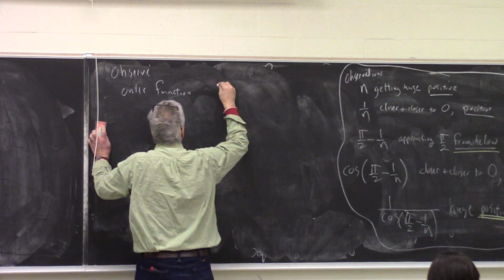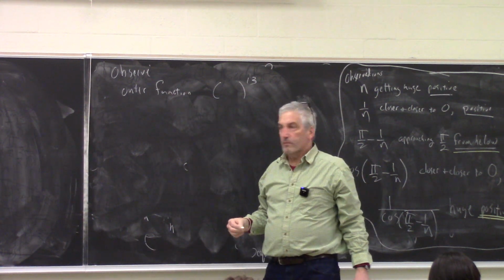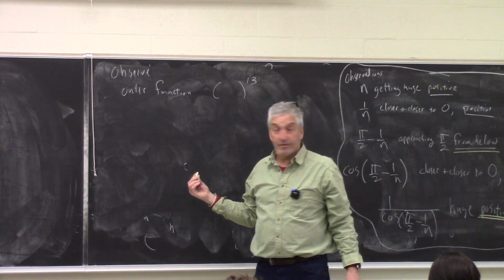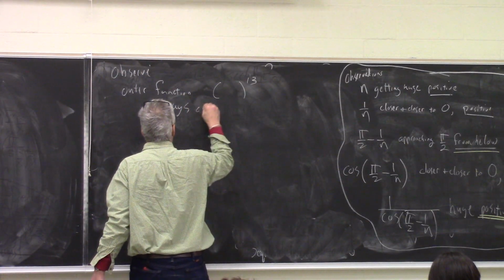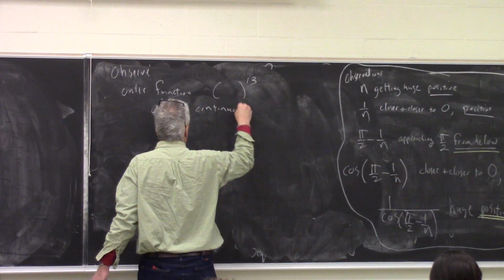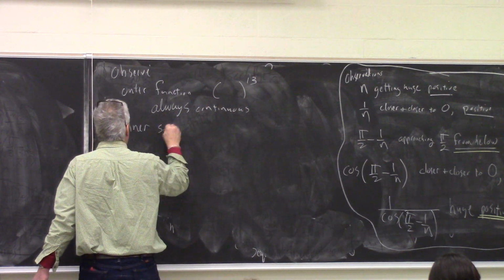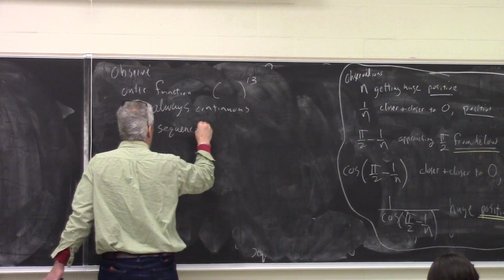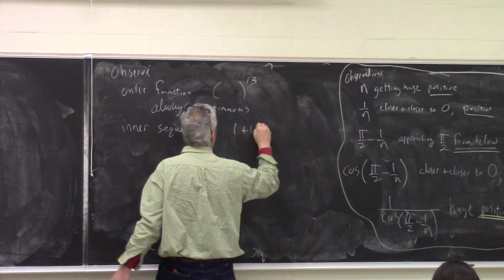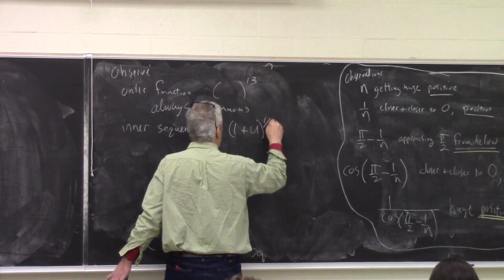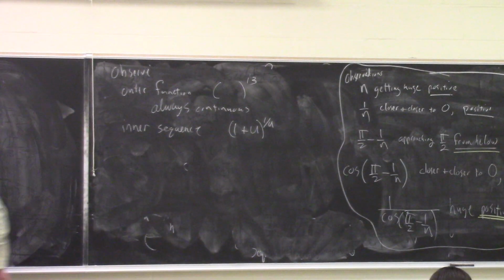We have parentheses to the 13th power, and that's always continuous. And the inner sequence is (1 plus u) to the 1 over u. And we know that this sequence converges.